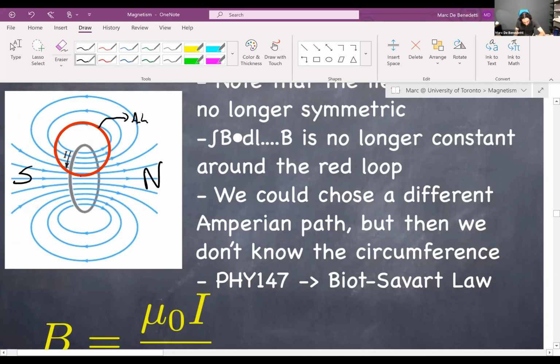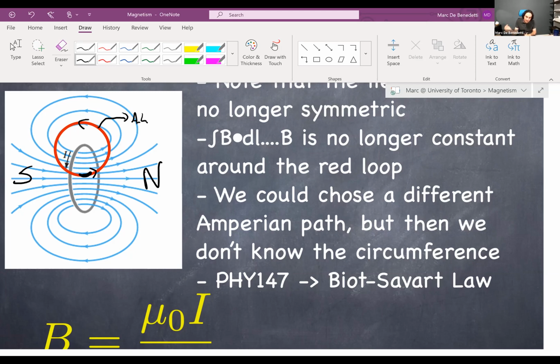Well, the magnetic field here is quite strong. There are a lot of magnetic field lines at the center of the loop. Outside the loop, is the magnetic field strength the same as inside the loop? No, it's not. So the magnetic field strength along the red Amperian loop is not constant everywhere. Right out of the gate, one of the three assumptions doesn't hold.